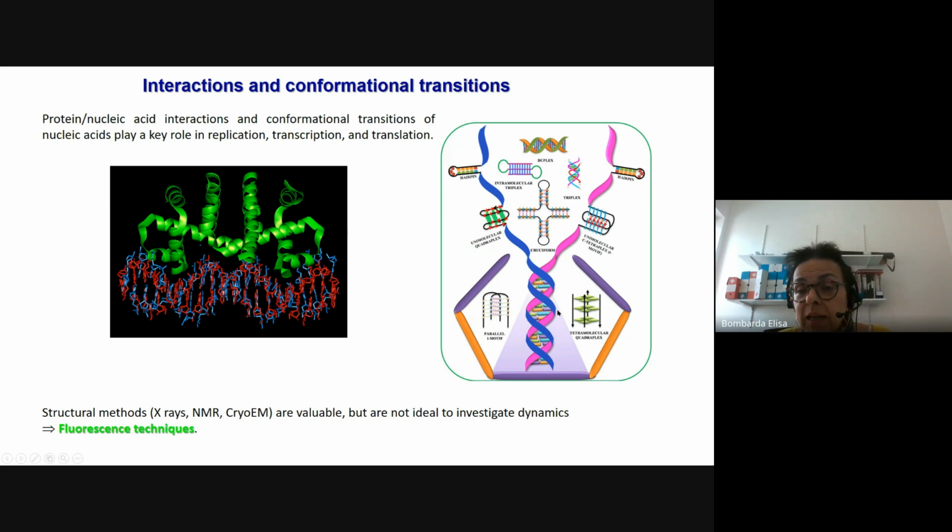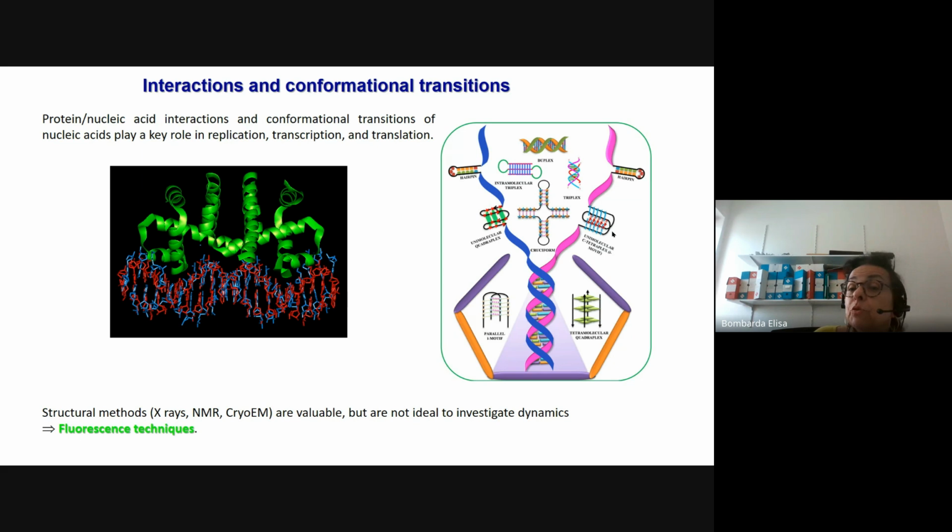There is the typical double helix, but you can have cruciform, triplex, hairpin, and quadruplex structures, and all these structures have a function in biology.